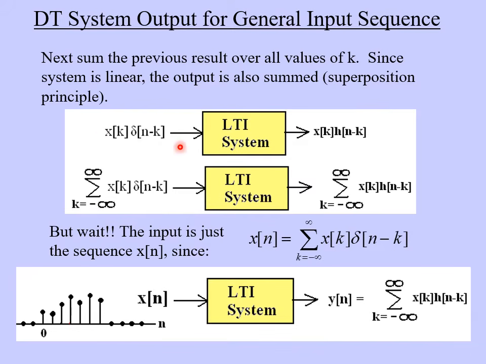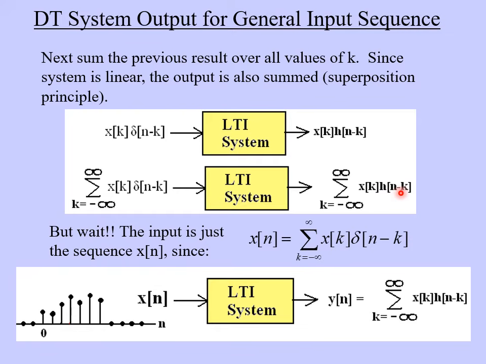So let's take the result from the last slide, where we showed that x of k times delta of n minus k gives us x of k times h of n minus k, and let's use superposition and sum this over all k. We're allowed to do this because this is a linear system. When we sum up all of these terms, shown with the summation symbol, then by superposition, the output gets summed up as well.